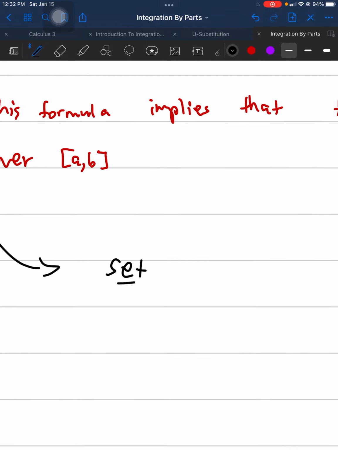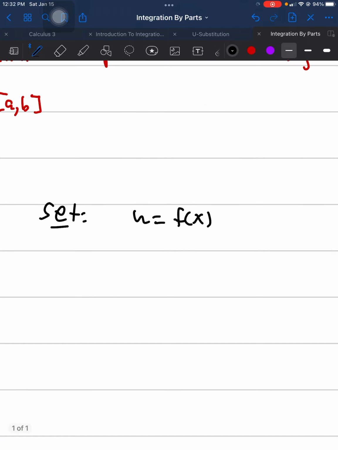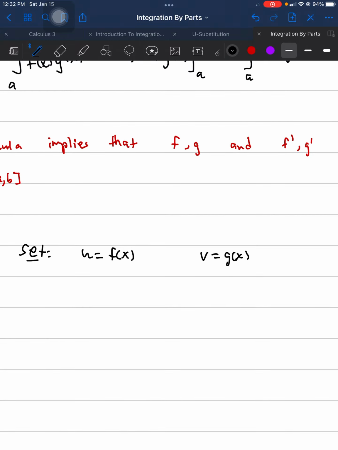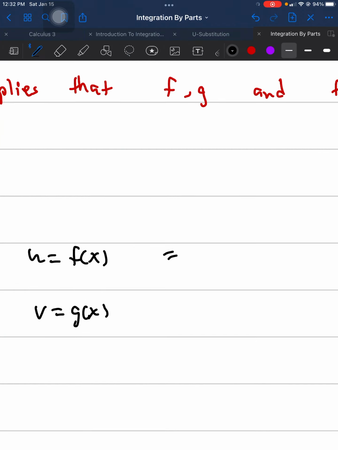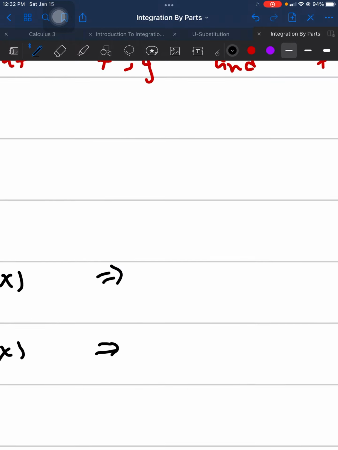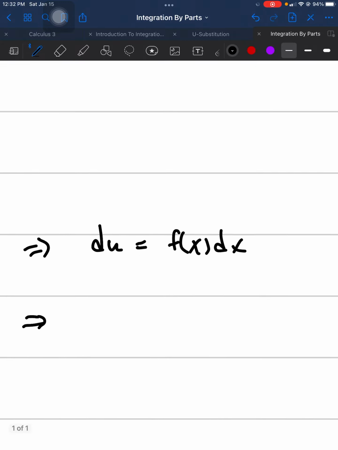So let's say we set u equal to f of x, and we say v is equal to g of x. Now, what we can do is differentiate both of these functions in terms of x, and we get du is equal to f prime of x dx.